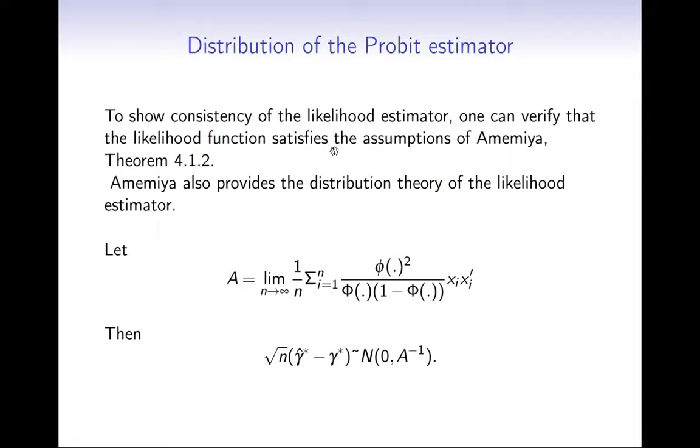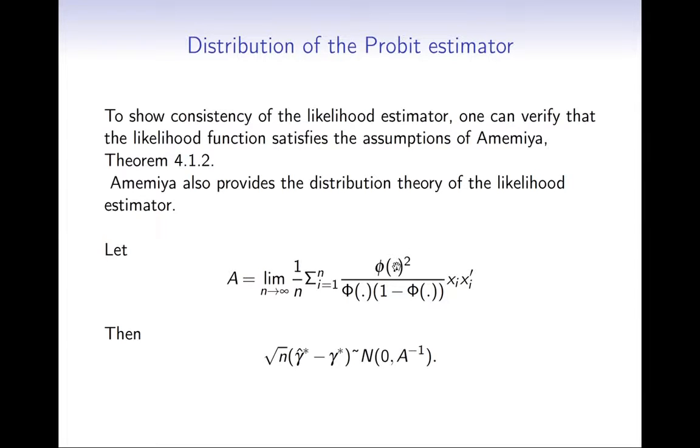In terms of the distribution, we're not going to derive it in class, but there are many textbooks that provide it. One is this book by Amemiya, and this is the limiting distribution of the variance covariance matrix.